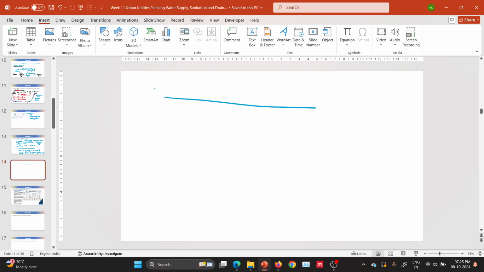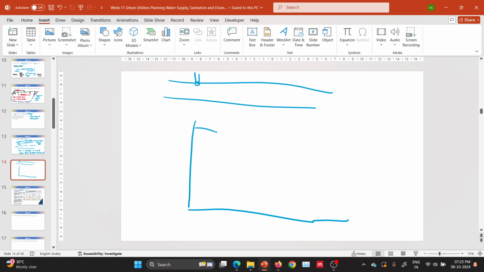So this is the river water body. Here we are discharging. After discharging, the DO level will come down and then it will increase. Why is it going down and why is it coming up?